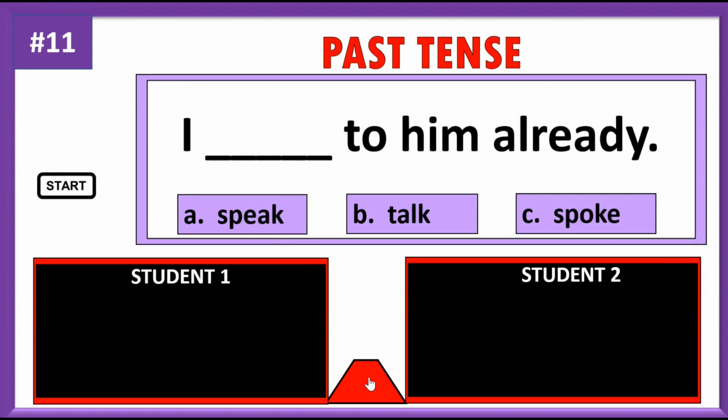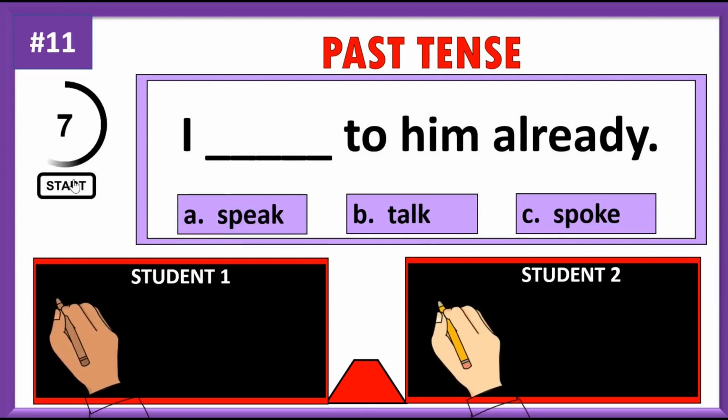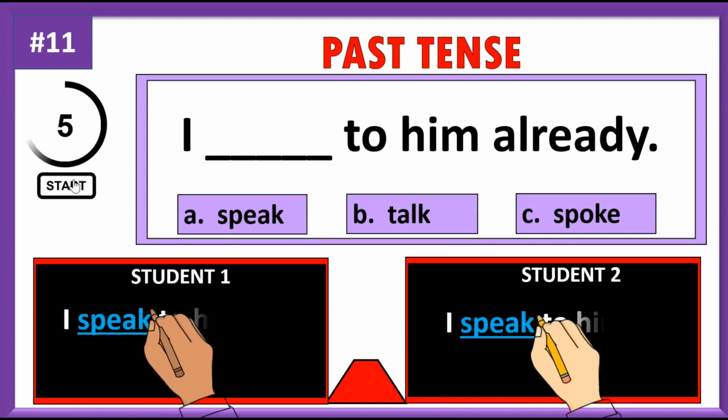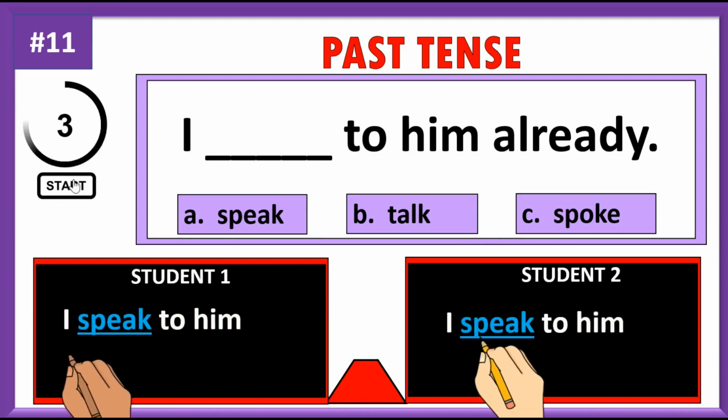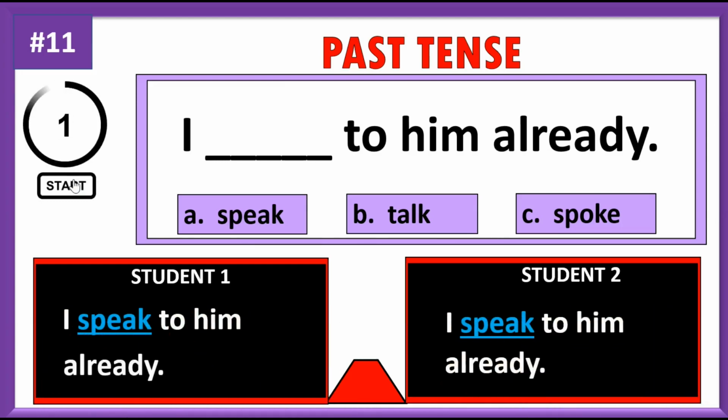Let's move on to question number 11. Guys, you have three verbs: speak, talk, and spoke. Which one should you use to complete the sentence? Let's look at it. Student 1 and student 2 have the same verb.